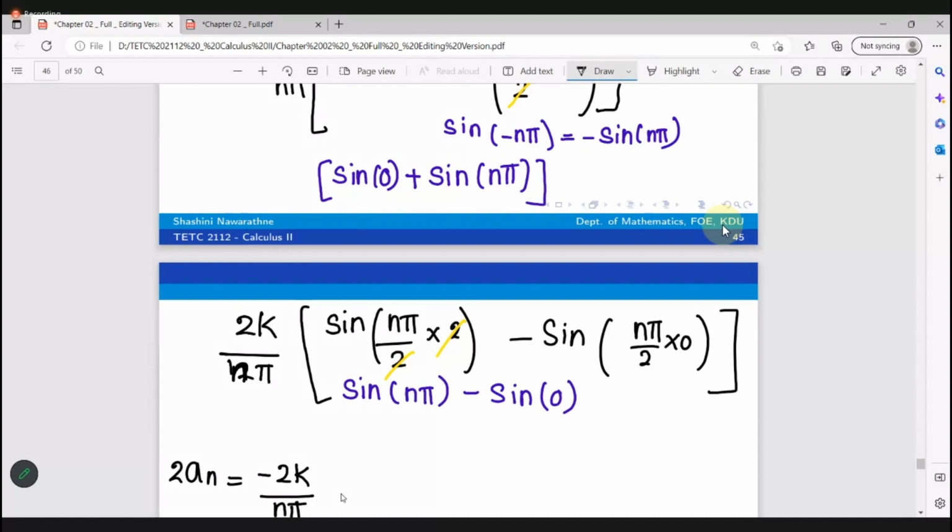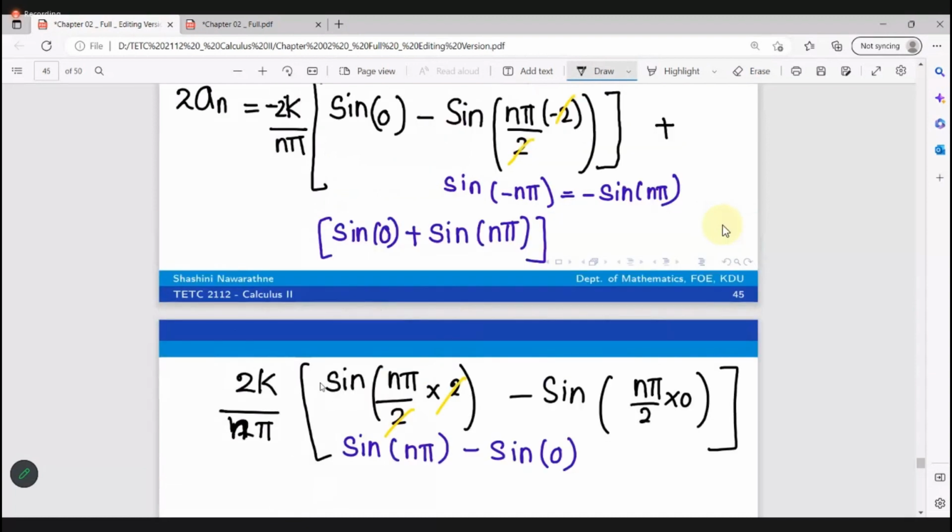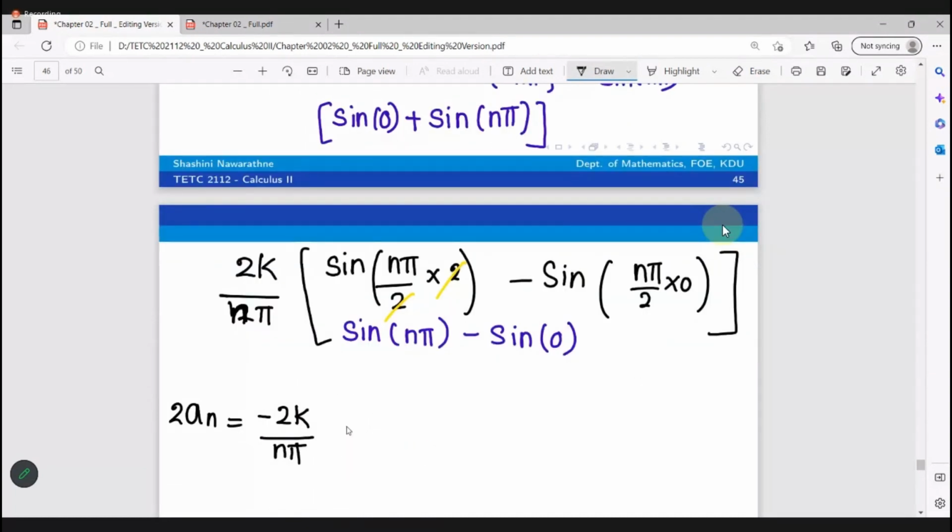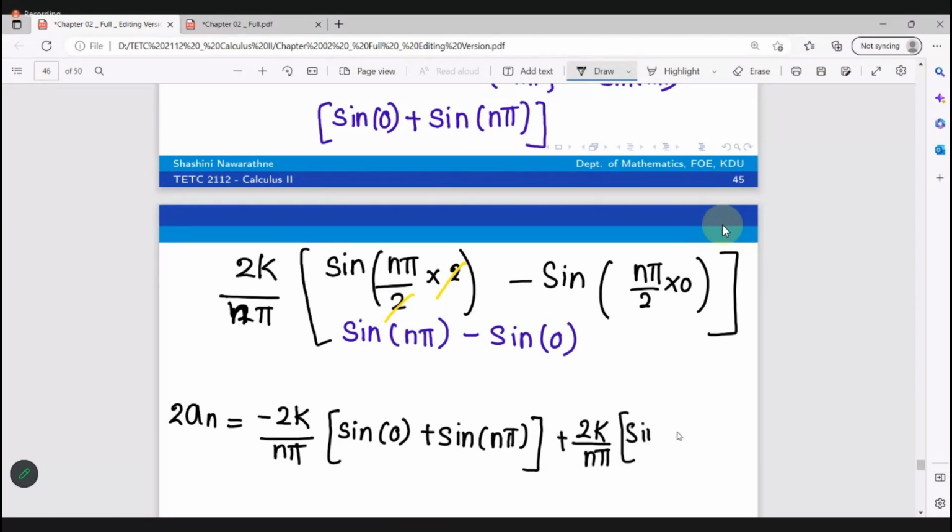Minus 2k over n phi times sin 0 plus sin n phi, plus 2k over n phi times sin n phi minus sin 0.